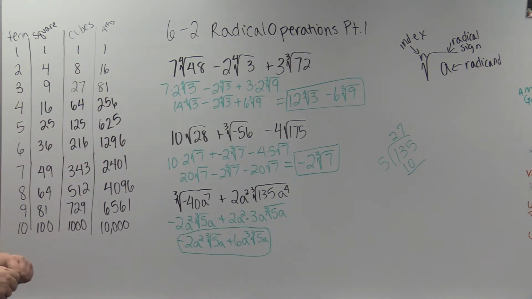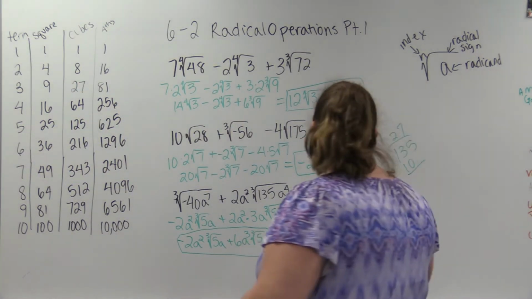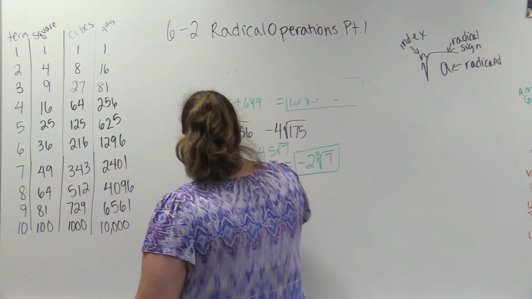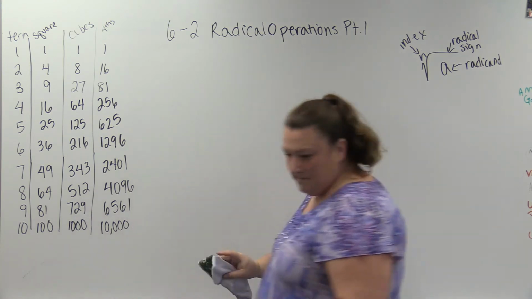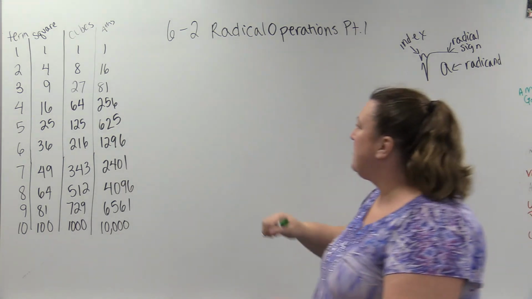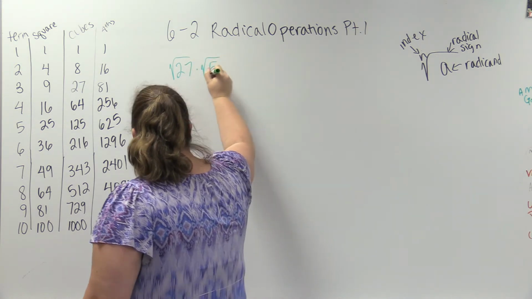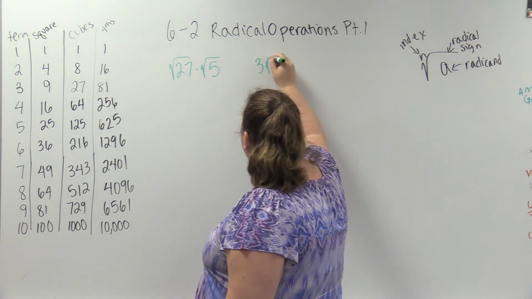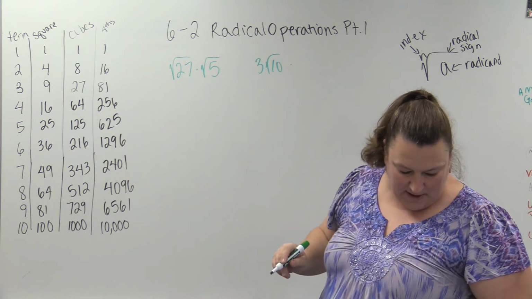Now I'm going to erase this and we're going to multiply for a minute. All right, now I'm multiplying. I get the square root of 27. And I get 3 square roots of 10 times negative 2 square roots.